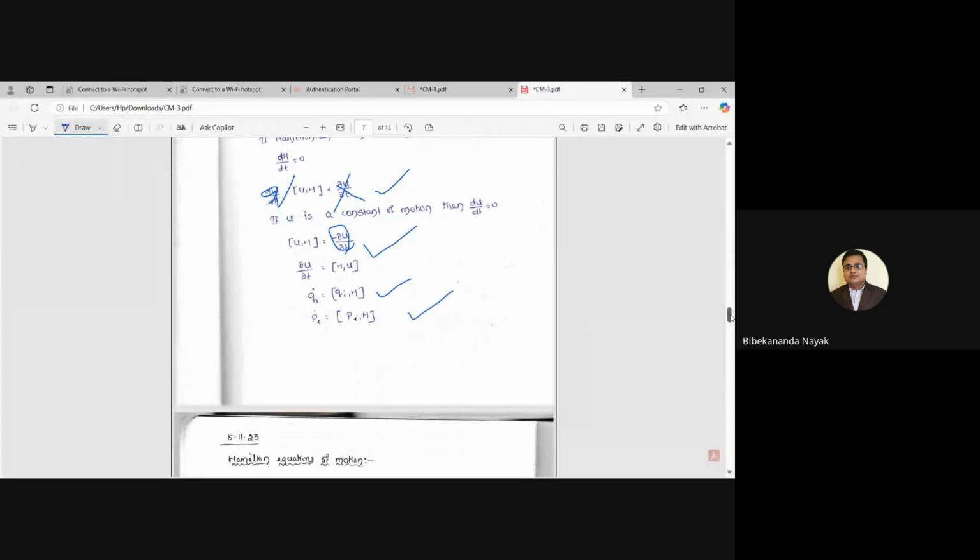These are also called Hamilton's equations of motion in Poisson bracket form. qj dot is ∂H/∂pj, it is Hamilton's equation. pj dot is minus ∂H/∂qj, Hamilton's equation. And q dot according to the Poisson bracket is [q,H], which is qj dot equal to ∂H/∂pj.